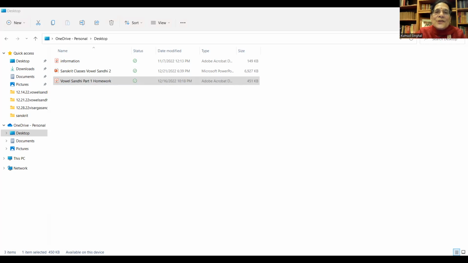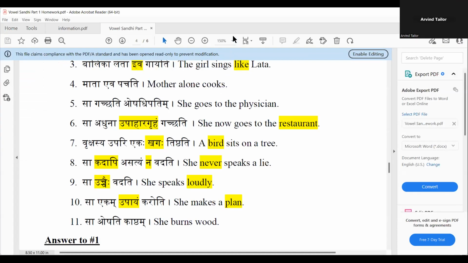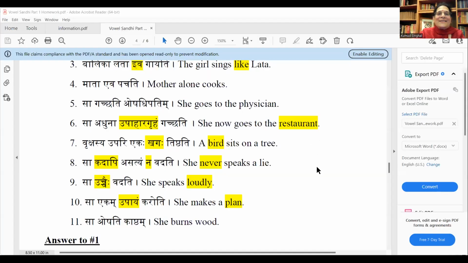I can't see it, but I followed the discussion, so I'm okay. Kumudji, you have to stop sharing the first one, then share the new one. Okay, now can you see it? Yes, definitely. I didn't stop the previous one.